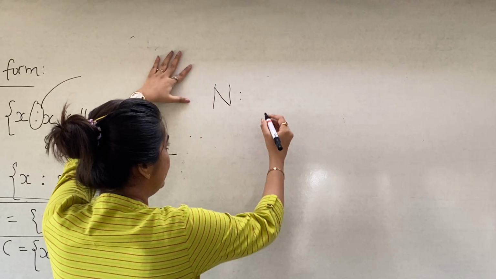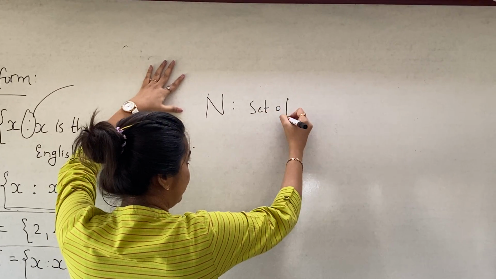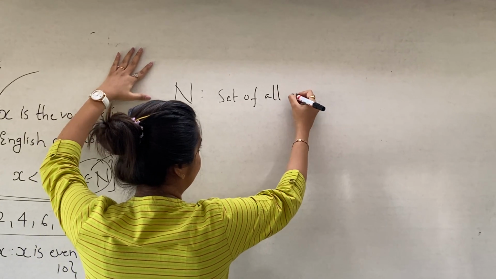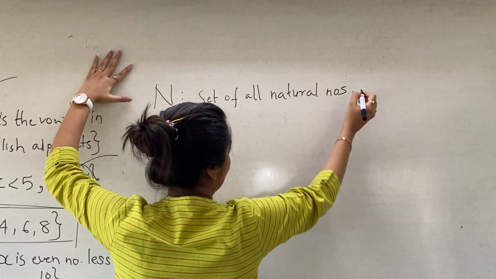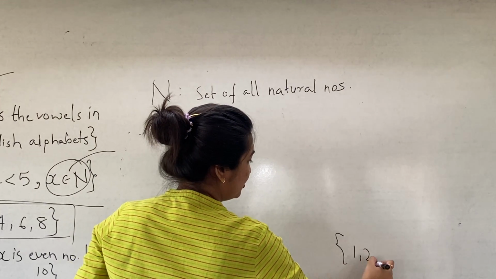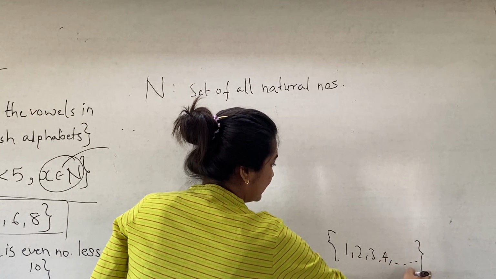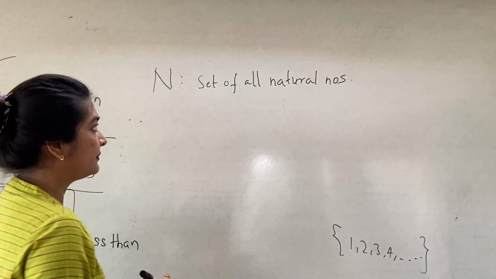This is nothing but the set of all natural numbers such as 1, 2, 3, 4 up to infinity.